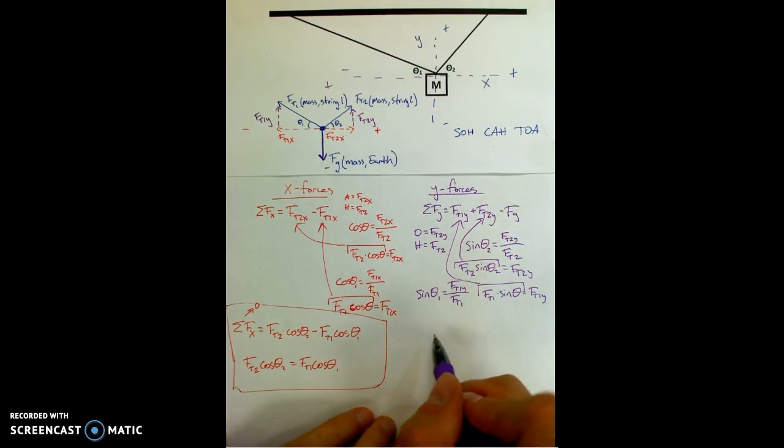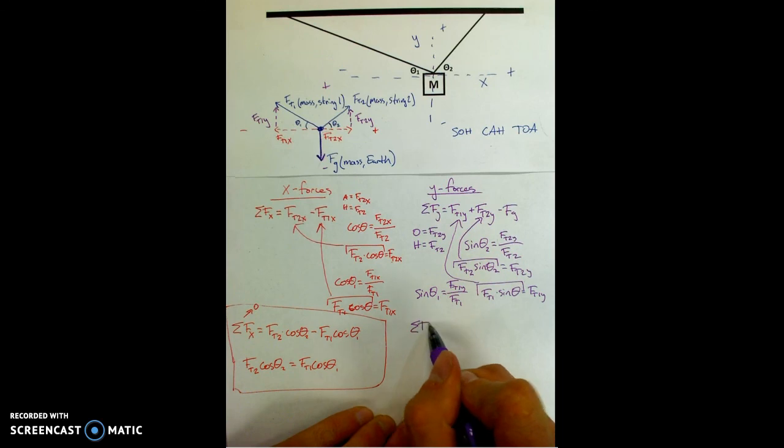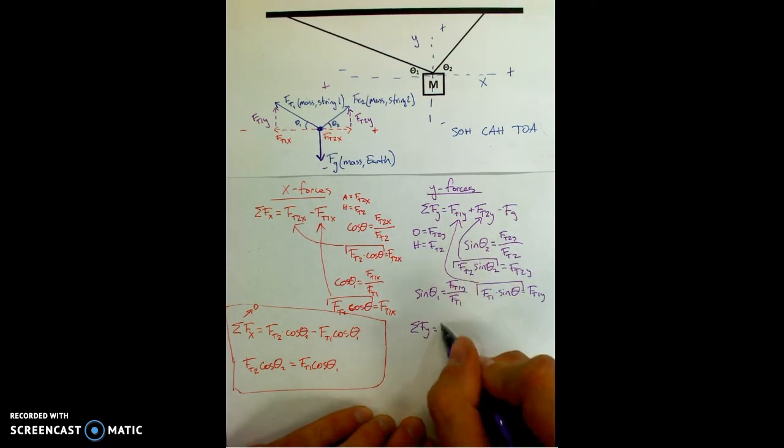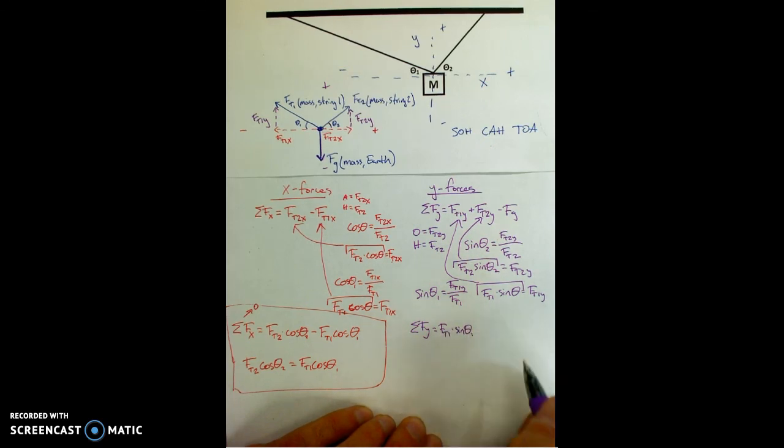So now let's rewrite that down here. So we have the sum of our forces in the y direction. We plugged in this value, Ft1 sine theta 1, plus, and we plug in this value, Ft2 sine theta 2 minus the force of gravity.